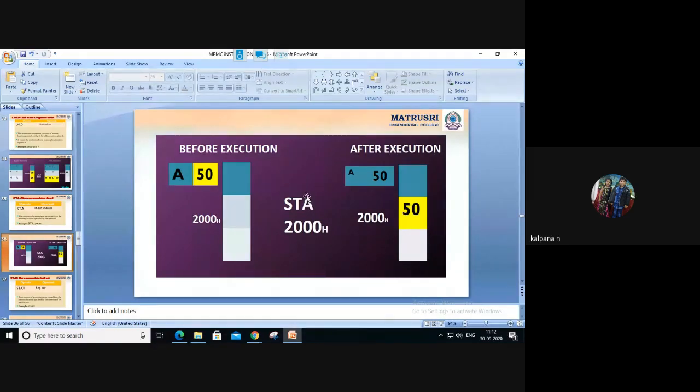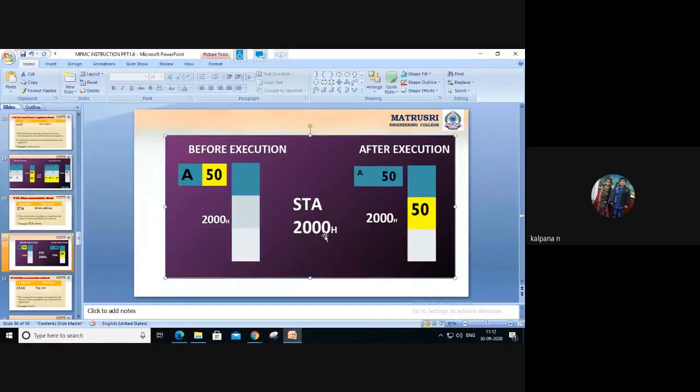STA 2000H means what? What is the data present in A? We are moving it into the memory location 2000H. Here the destination is 2000 and the source is A. Understand? So we are moving 50 from A to 2000. Clear?